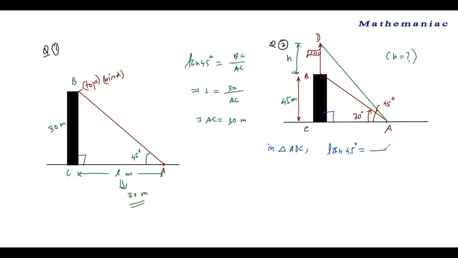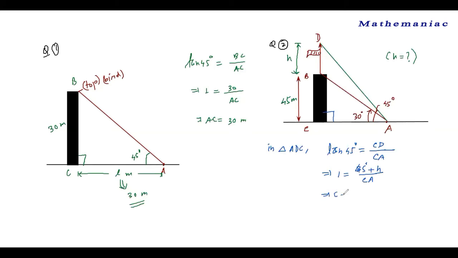So tan 45 degrees will be giving you what? CD, that is the perpendicular, divided by the base, that is CA. Now whatever values you can put, you put. It will be 45 plus H divided by CA.